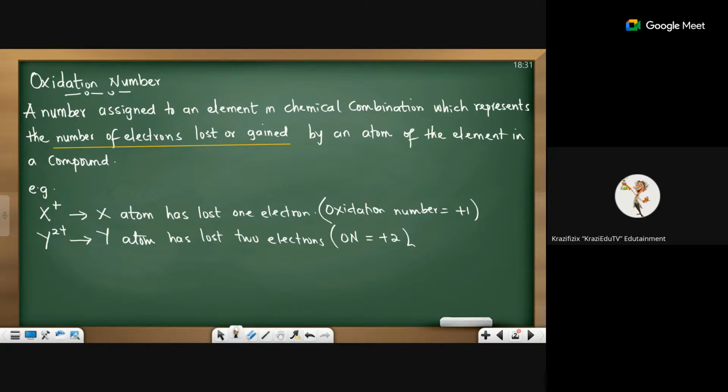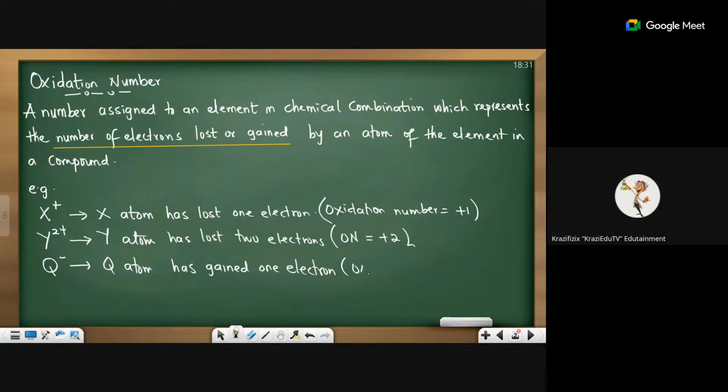If I write Q negative, it means Q atom has gained 1 electron.